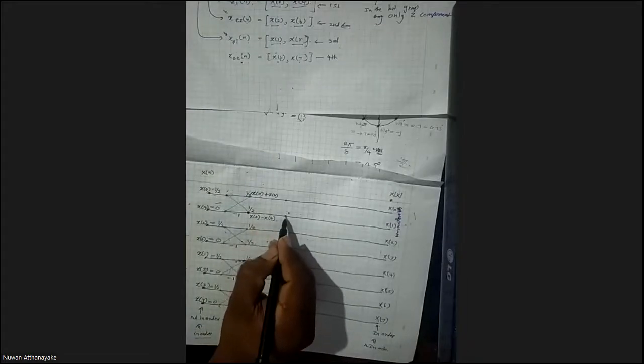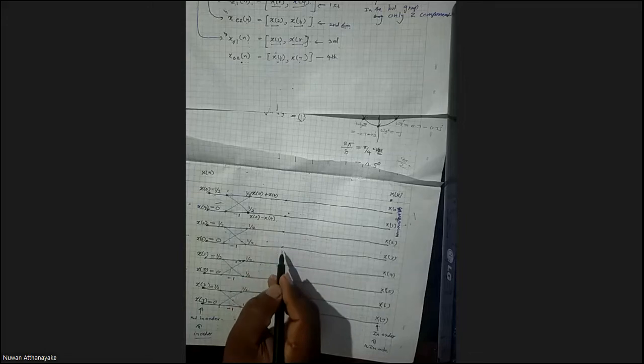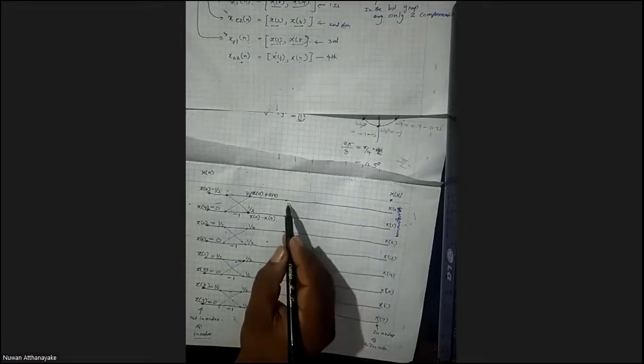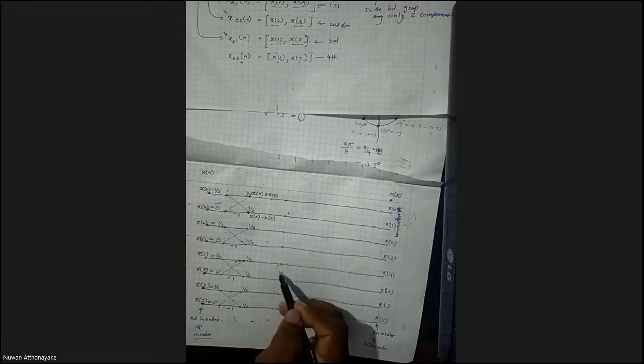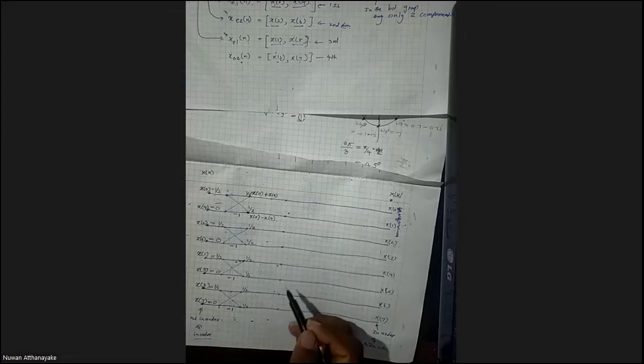These 4 lines are one group, and these 4 lines will be another group. If you remember, this is the even group and this is the odd group. This one is the first group and this one is the second group. So we have it like this.